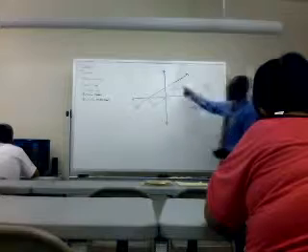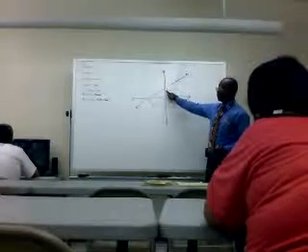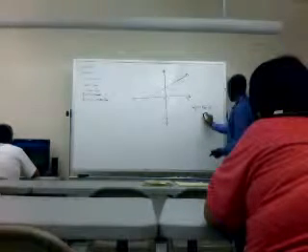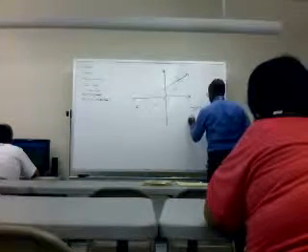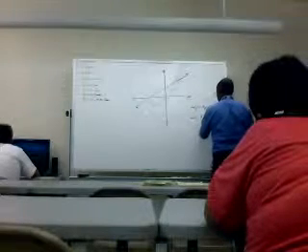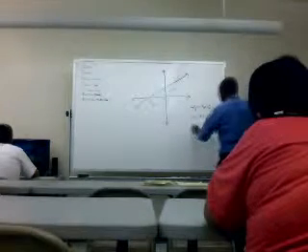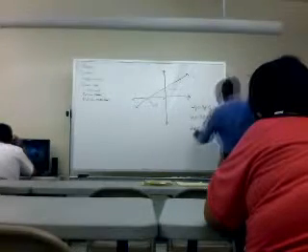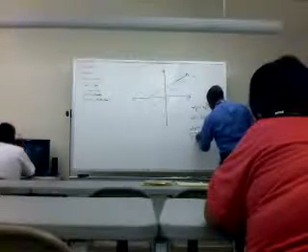Well, the y-intercept means x is equal to 0, which means we can do this. We know x is equal to 0. 2y is equal to 1. We divide both sides by 2.